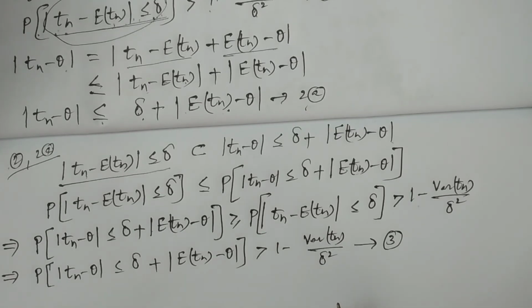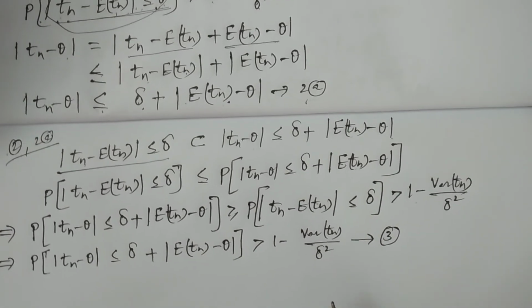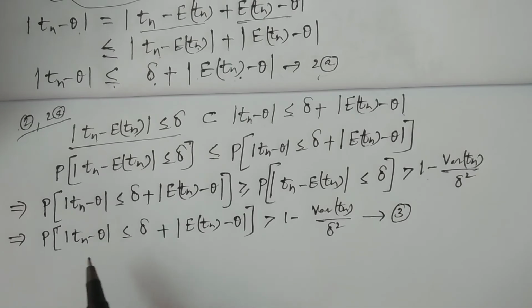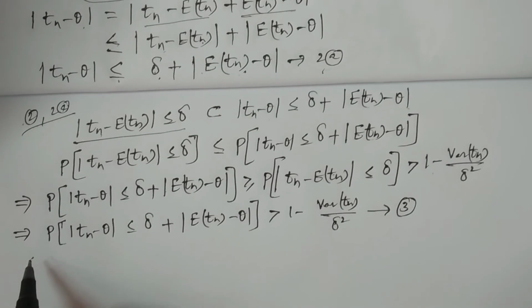Now two results are given in the statement: expectation of Tn tends to theta and variance of Tn tends to 0 as n tends to infinity. If you consider these two, then one by one I am writing the results which are going to be compared with the consistency definition.